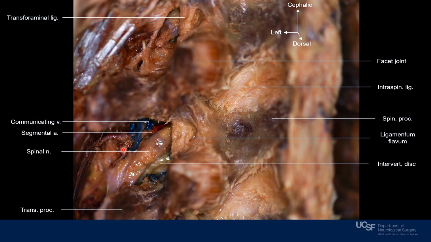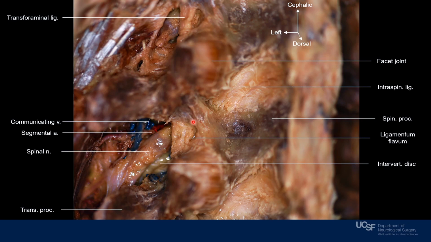We see the spinal nerve emerging from the intervertebral foramen. We see a plexus, a pain plexus, and we can see also a segmental artery, a transverse process, and around this area, surrounding or being part of intervertebral foramen, laterally, we see the transforaminal ligament.